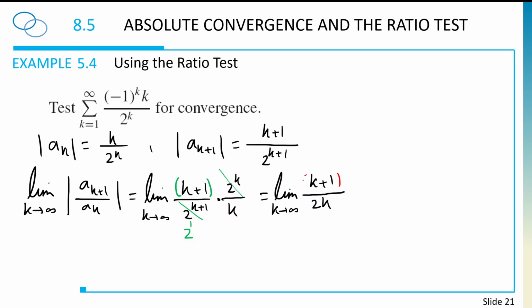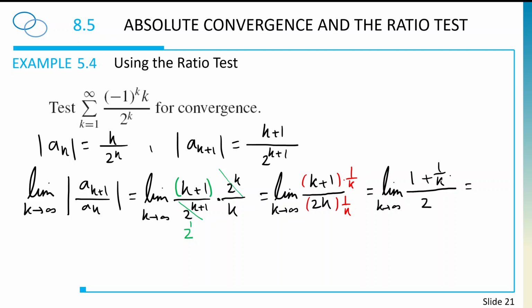If you multiply the top by 1 over k and the bottom by 1 over k, you know it's half, but we need to show this extra step. So the limit of 1 plus 1 over k, and down I have only 2, as k approaches infinity.